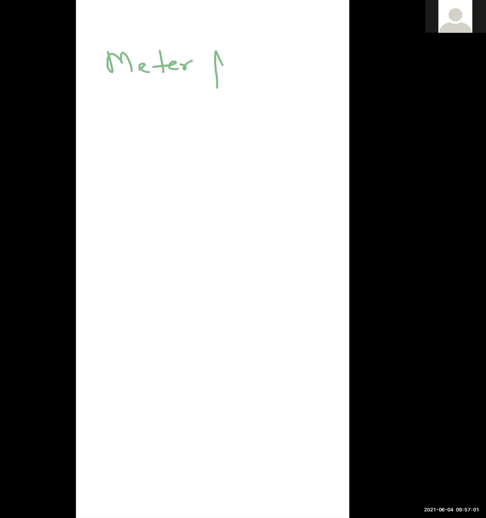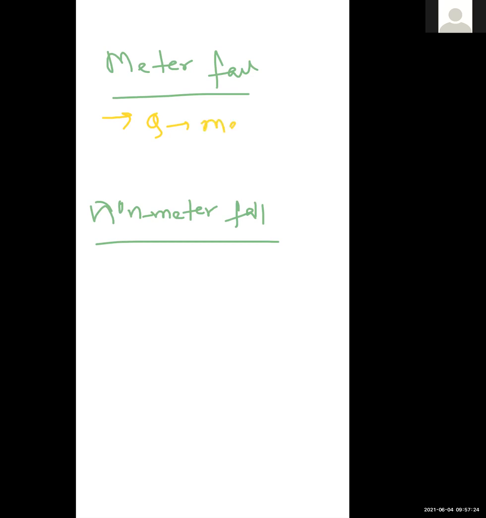Meter fall, non-meter fall. So meter fall, Q measured. Q means discharge of water flowing in the canal.